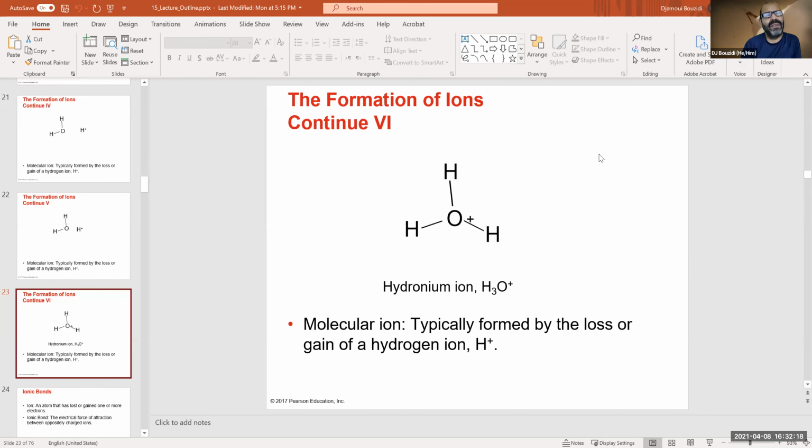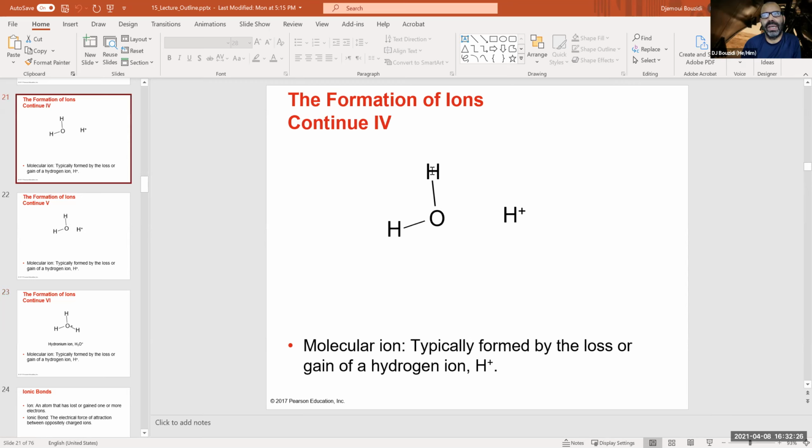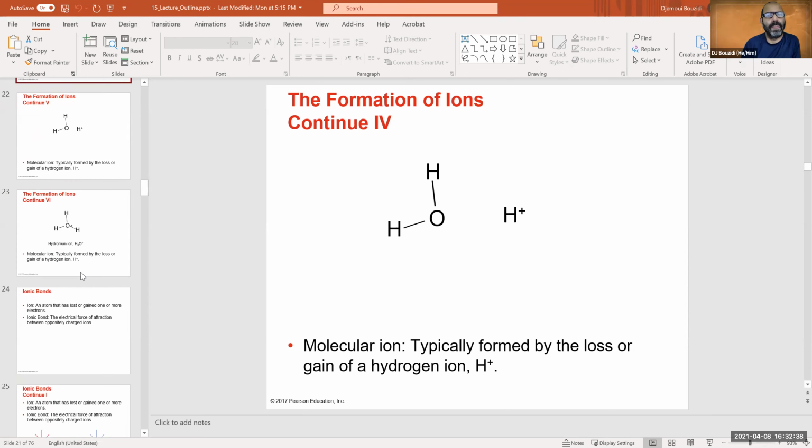So I could potentially have an OH that is negatively charged. This water molecule potentially could lose a proton, and I would be left with an OH that has an excess electron, so it becomes negatively charged. So there is potential for that, and that's how we got this H plus to be formed this way.